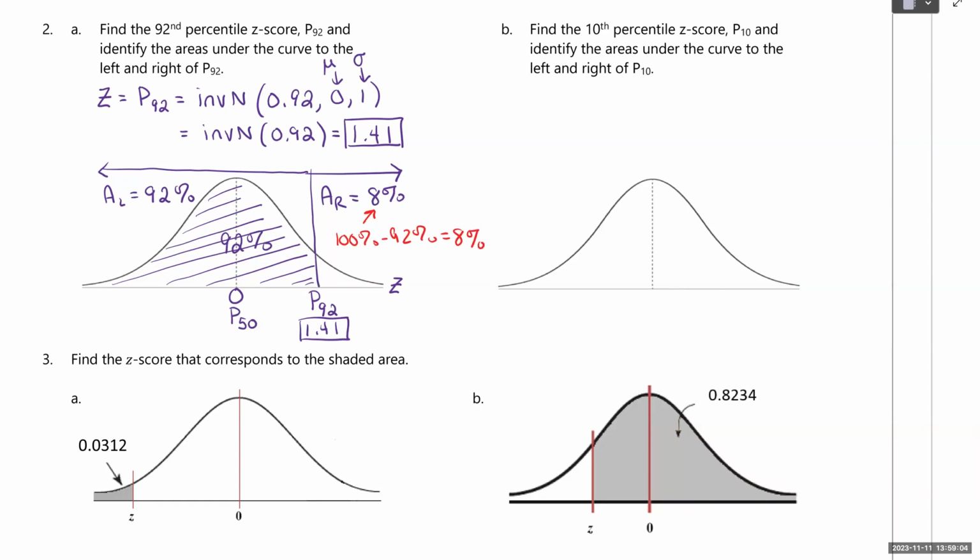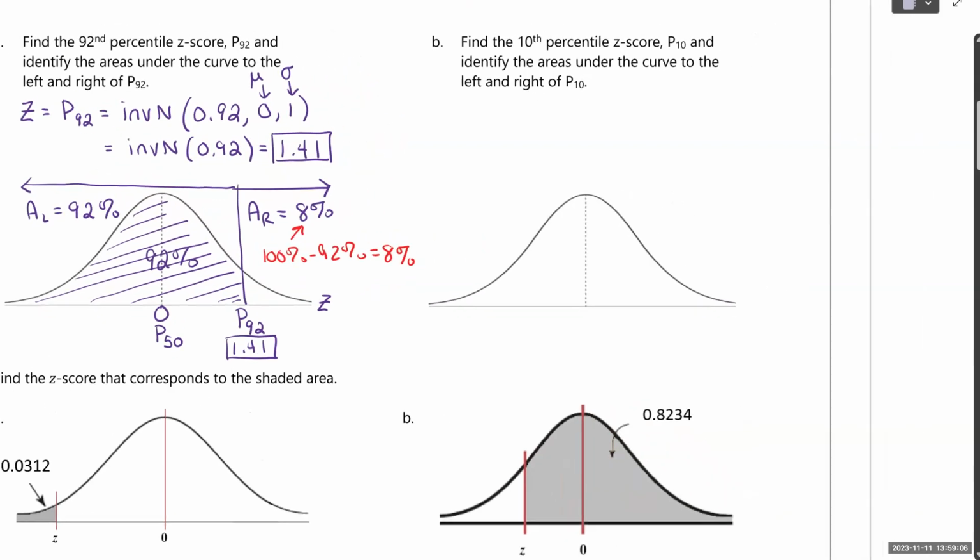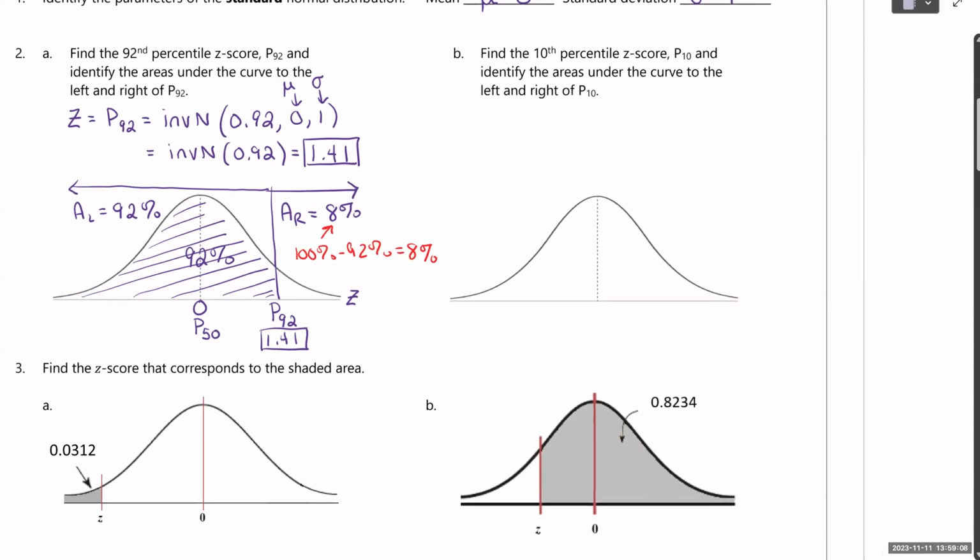All right, let's try another percentile over here. So now it says find the 10th percentile z-score. I'm just going to label my axis z, and there's 0, the 50th percentile. Now, if it's the 10th percentile, 10 is smaller than 50, so I know that z-score is to the left of 0 on the number line. And again, percentile tells you the percent of data less than that value. So the area to the left is 10%.